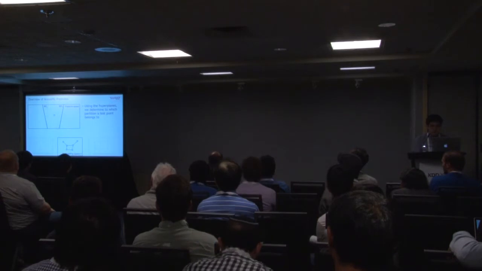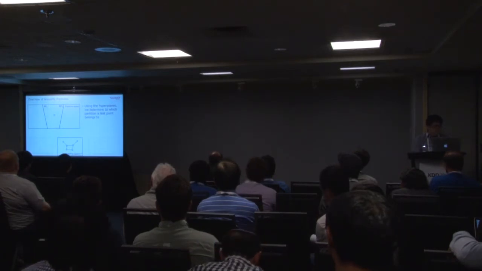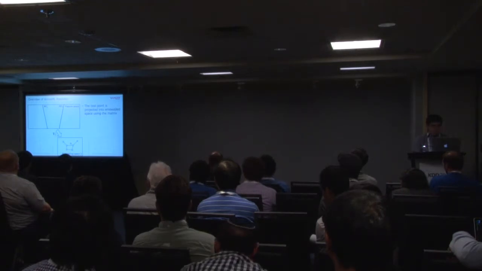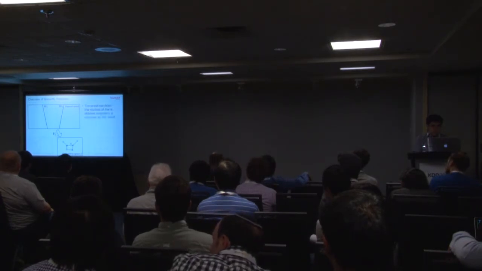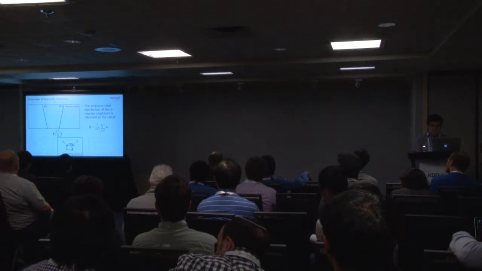In this example, the test point belongs to partition 2. So the test point is projected into the embedding space using the matrix V2. Then the k-nearest neighbors in the embedding space are obtained. The empirical label distribution of the k-nearest neighbors is returned, just averaged label vectors.